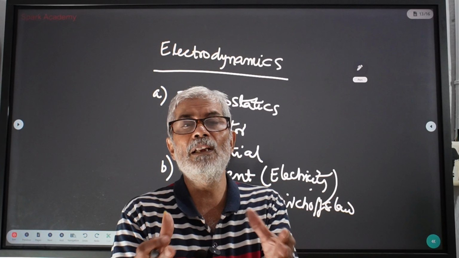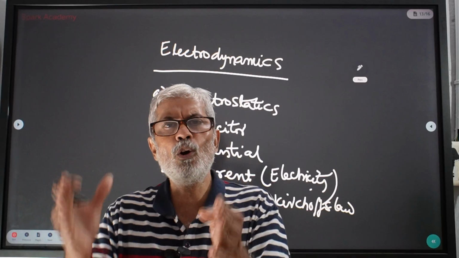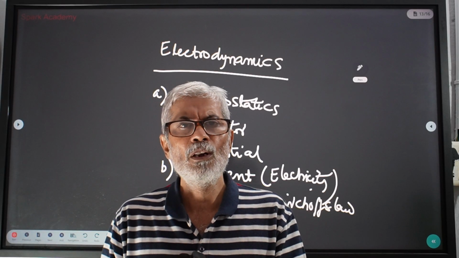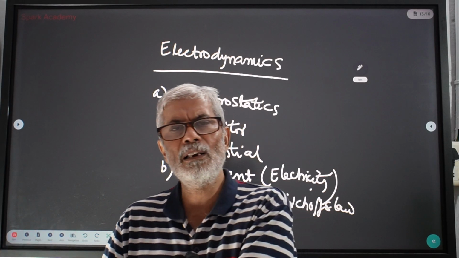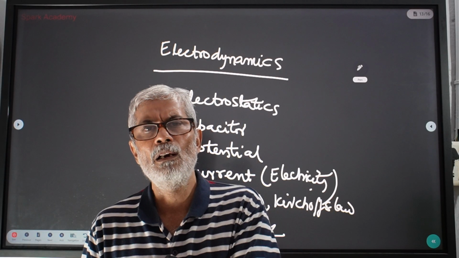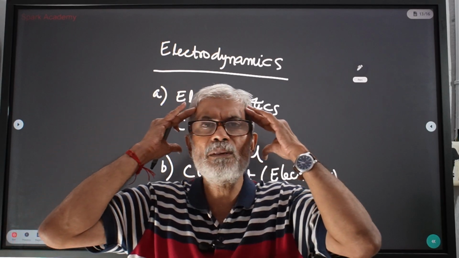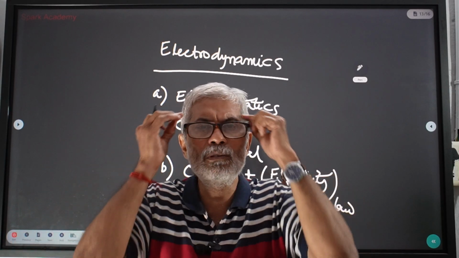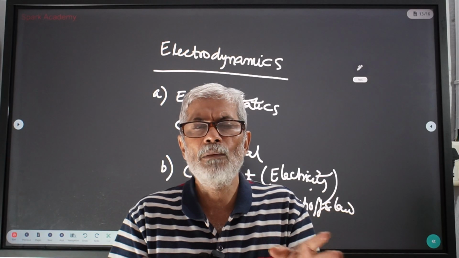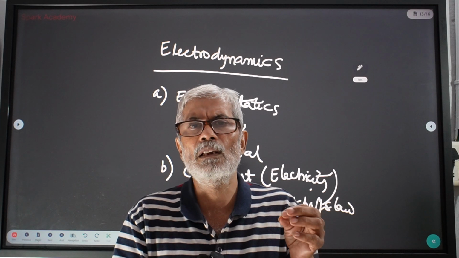They will ask multiple choice: the core of a transformer is made up of soft magnetic material or hard magnetic material? A, soft magnetic material, B, hard magnetic material, C, both, or D, none of the above. So unless the concept is clear, you cannot just tick. Judicious judgment is very, very important for answering that.